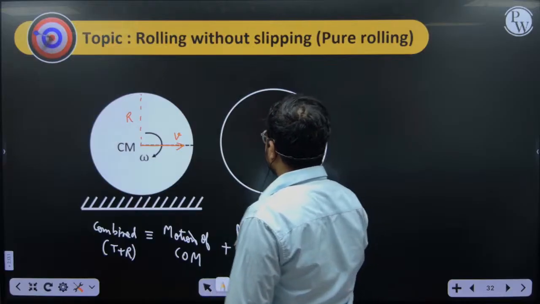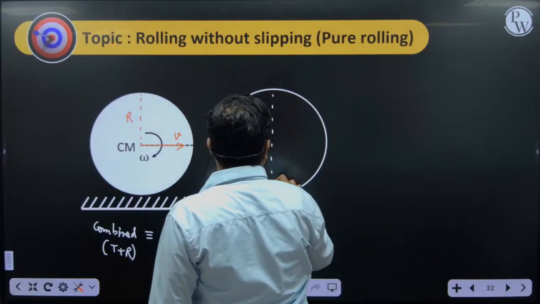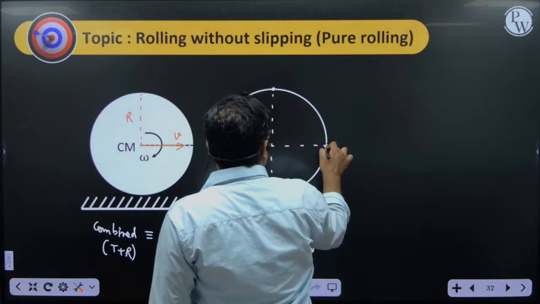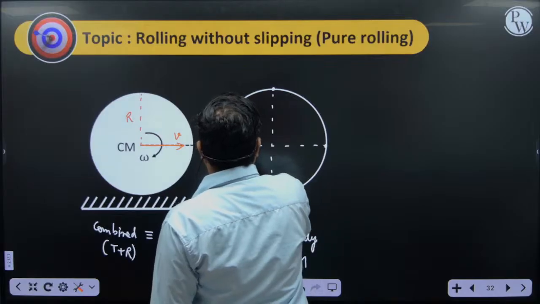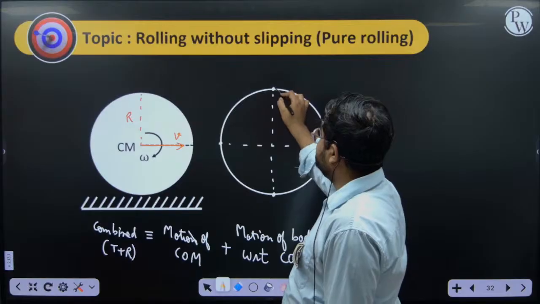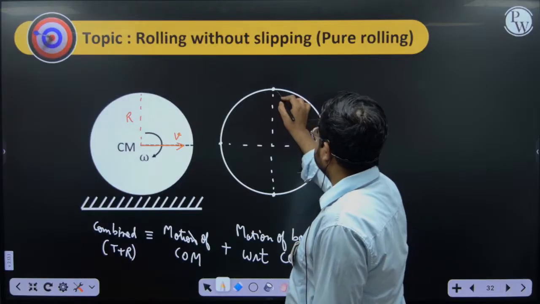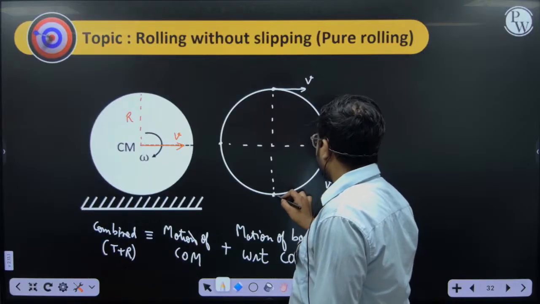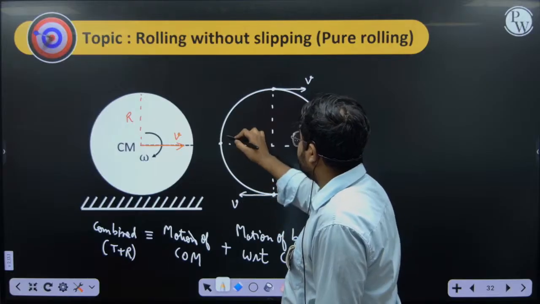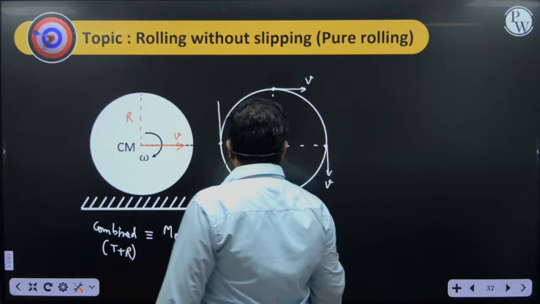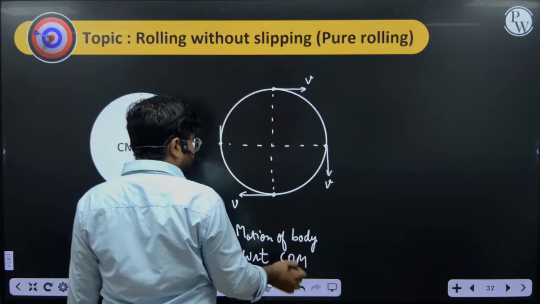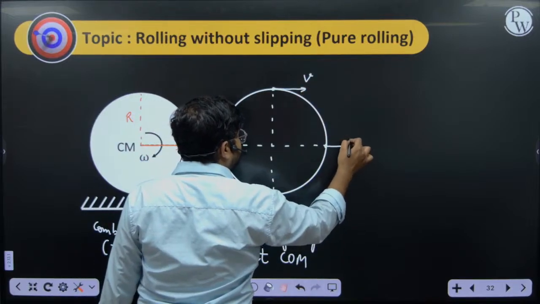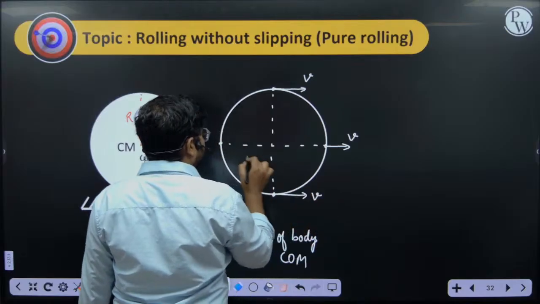I am interested in finding out the speeds of these four diametrically opposite points. Center of mass motion is directly imparted to all these points in the same direction with the same velocity.